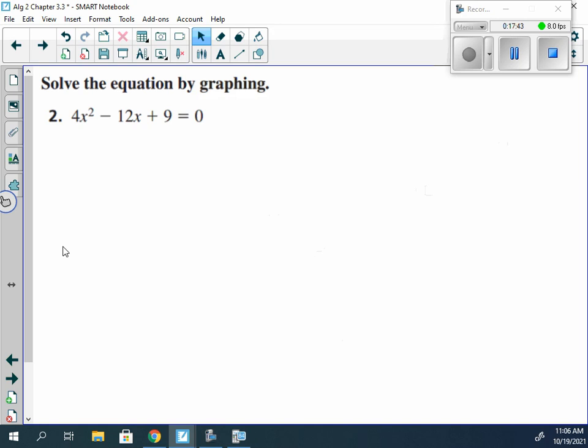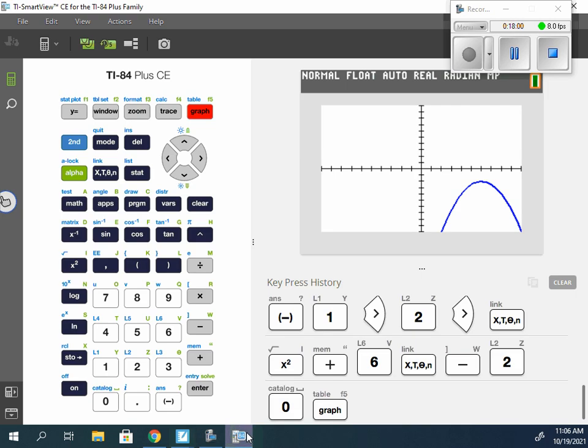So if it doesn't cross the x-axis, well, we can't solve it by graphing. Because by graphing is where it crosses the x-axis. So graphing doesn't work every single time, but let's try this one here. 4x squared minus 12x plus 9.